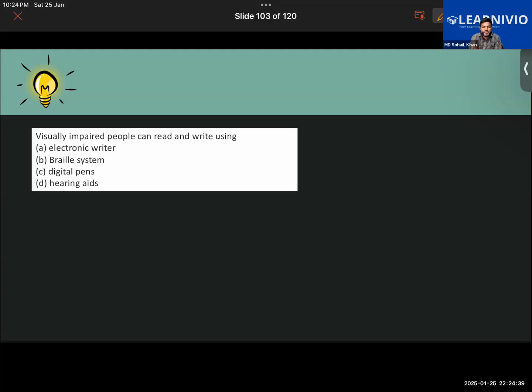Okay. We basically say that the far point of a normal human eye is infinity because for a healthy eye, the light rays coming from very distant objects, like stars, are always considered parallel rays of light when they reach the eye, and this allows the eye to focus them on the retina without needing any accommodation.